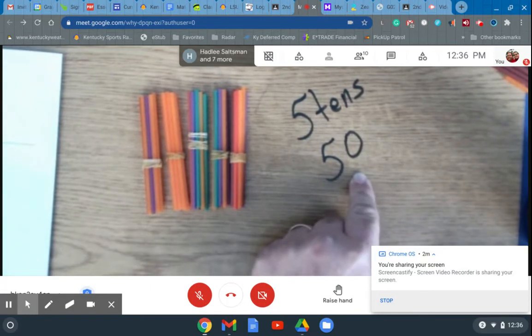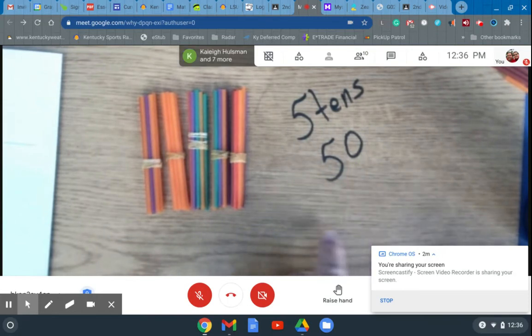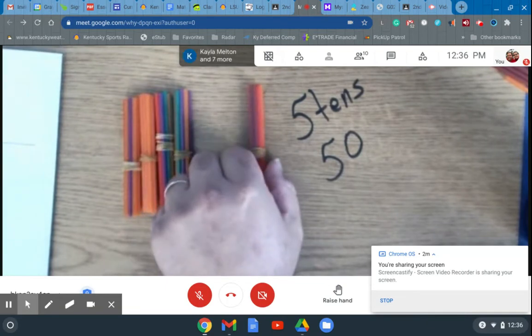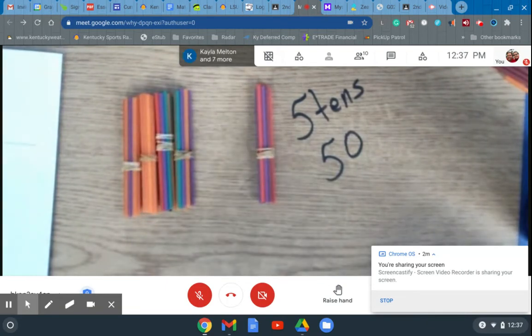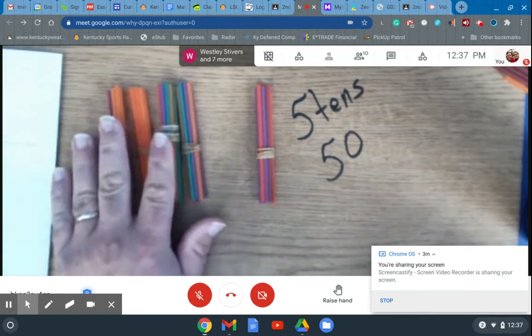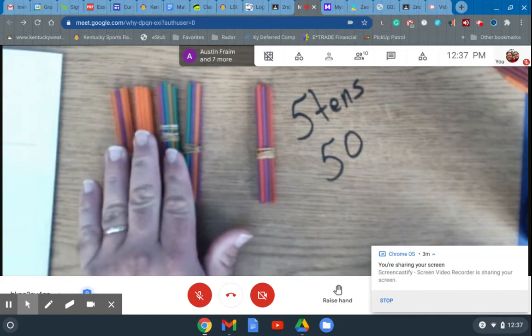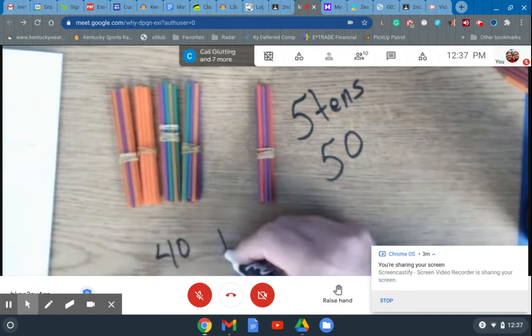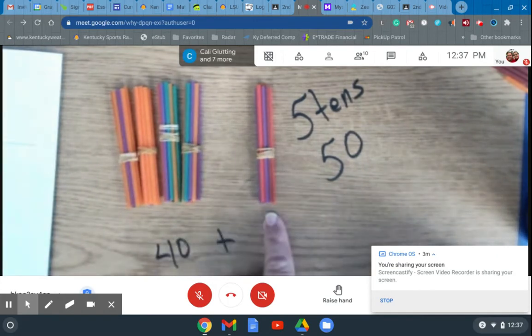Hadley, could you tell me the addition sentence I had here? How many did I have right here when I first started? 40. I had 40 and I added what? 1 what?